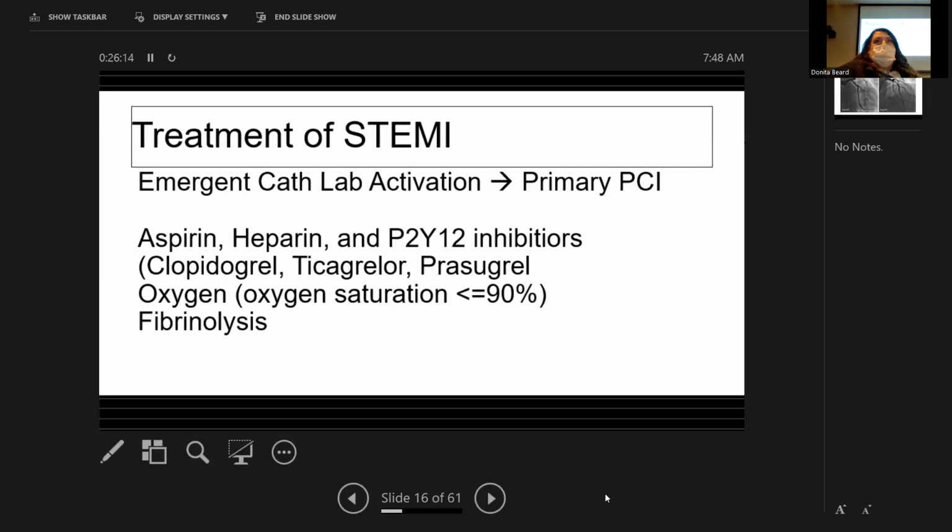Hopefully they get it en route via the ambulance. They usually get heparin. If somebody has an NSTEMI, then you can treat with Lovenox and different anticoagulants. But for STEMI, because you think you're going to take them straight to the cath lab, almost all of them get heparin. And then P2Y12 inhibitors: Plavix, ticagrelor, prasugrel.